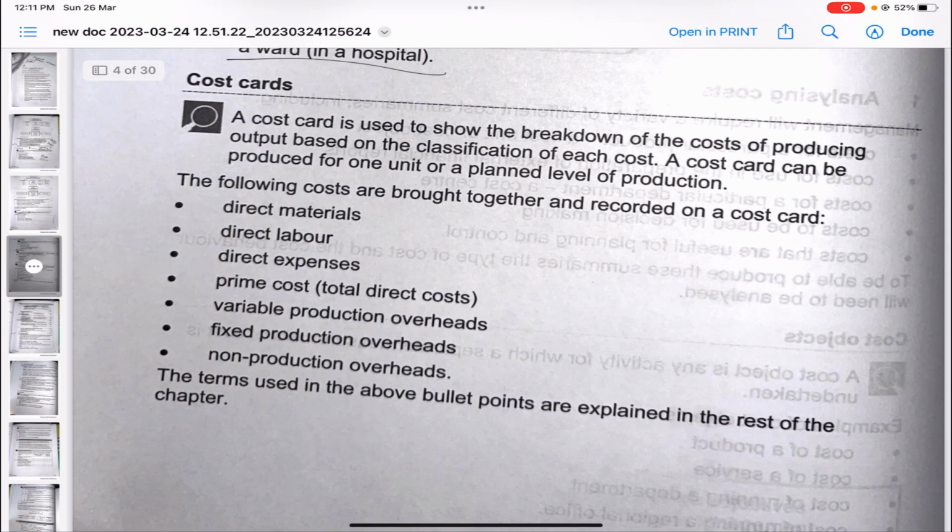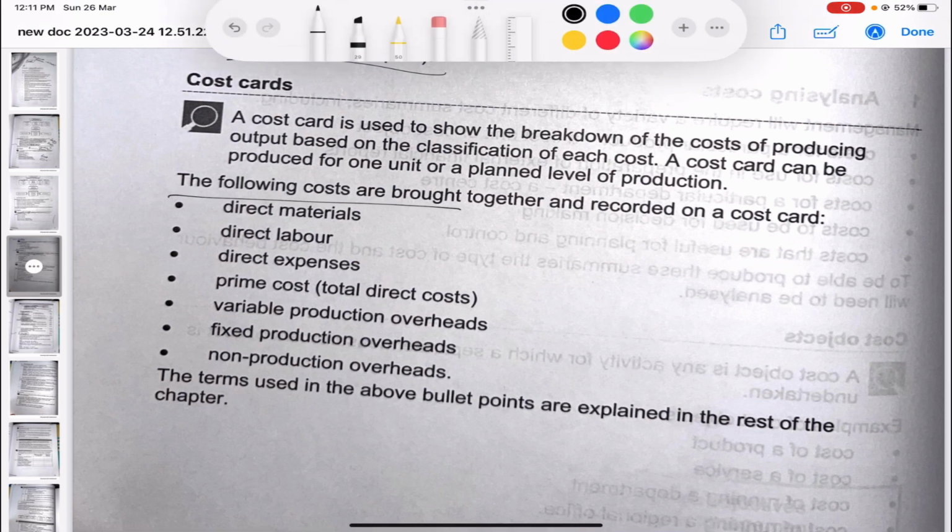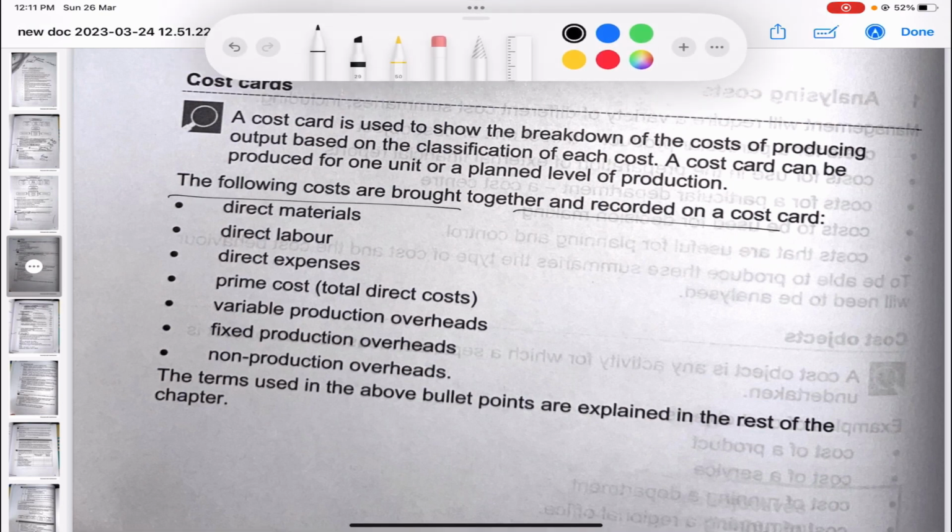So what is a cost card? A cost card is used to show the breakdown of the costs of producing output based on classification of each cost. A cost card can be produced for one unit or on a planned level of production. The following costs are brought together and recorded on the cost card. First we'll have direct materials, direct labor, direct expenses, and prime cost. So what is prime cost? Write it down somewhere.